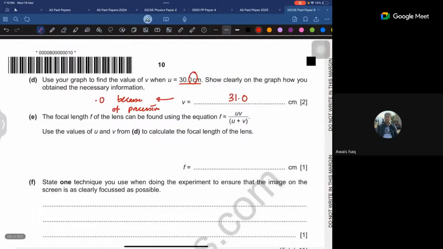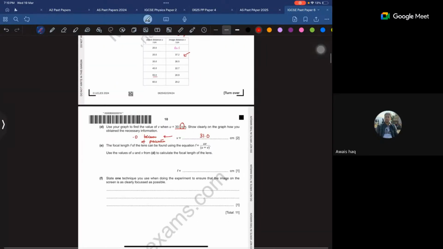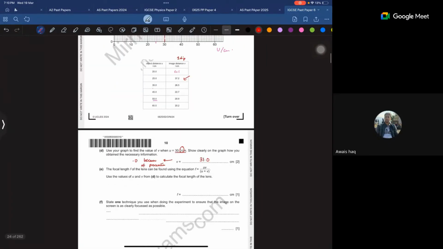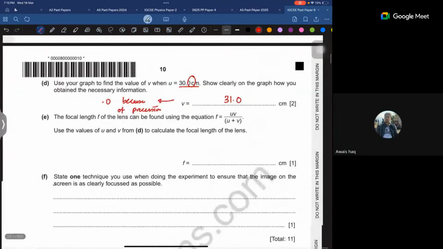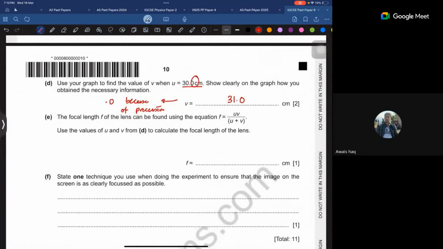Then it says focal length. Use values U from D to calculate focal length. From D. Where is D? Oh, D here. Okay. So 30.0 times 31.0 divided by 30.0 plus 31.0.